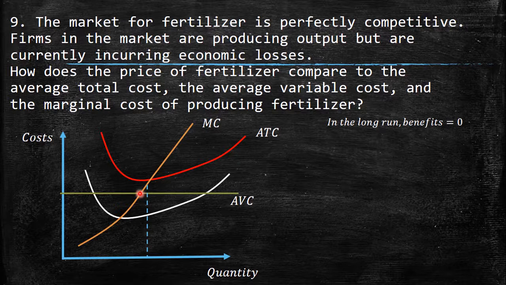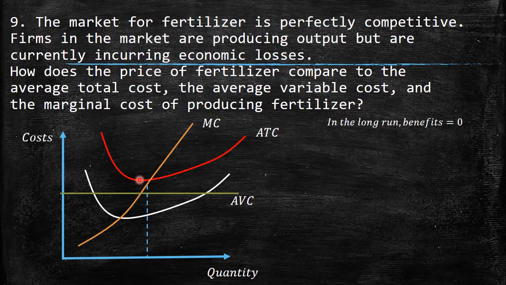So it's going to be exactly this dotted line a little bit to the left. This is going to be the quantity offered in the market, and this one is going to be the real cost, and this one the real income, or the real revenue, and this difference is going to be the losses.